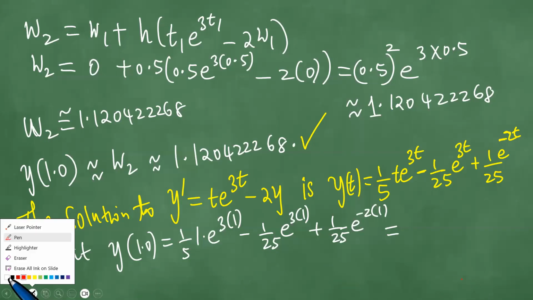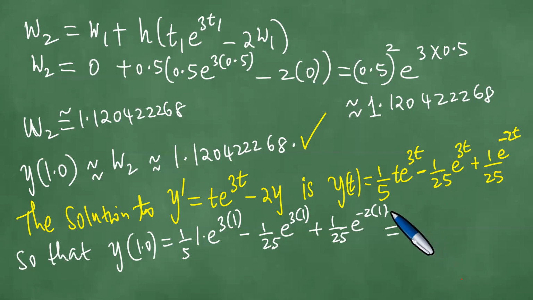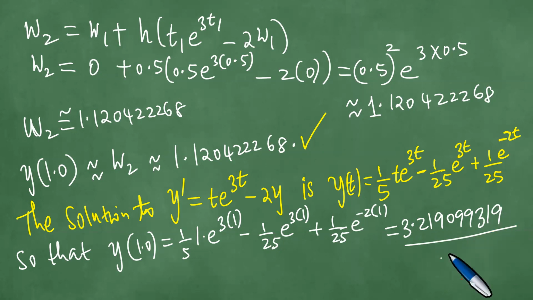But it's so different. So 3.219099319. Okay, so yeah, that is what you're getting. Is the exact one.